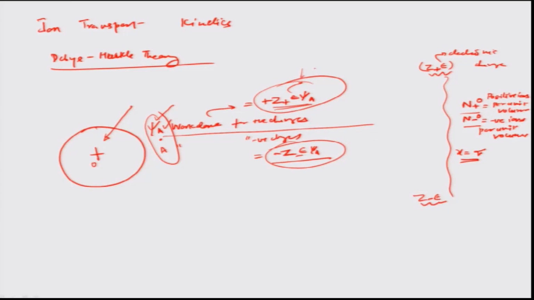And similarly, for the negative charges, an identical kind of work would be done by the system, given by minus Z minus epsilon psi A.